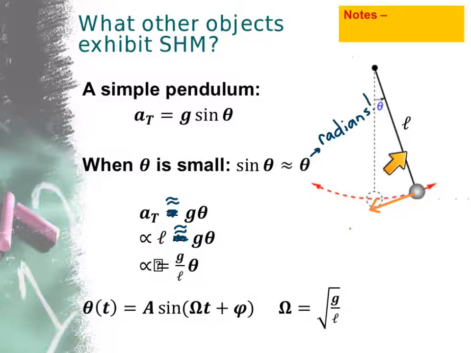We have a string of length L or a rod of length L, and that is approximately equal to g times theta. So when I solve for alpha, I get alpha is approximately g over L times theta.